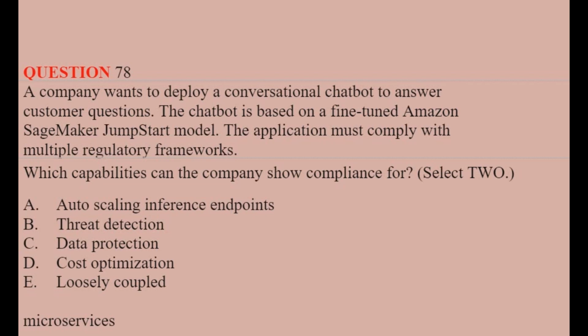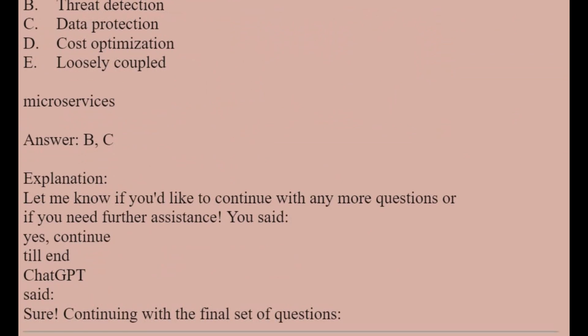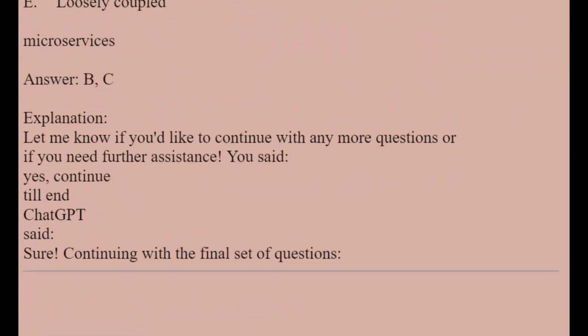Select two options. Option A, auto-scaling inference endpoints. Option B, threat detection. Option C, data protection. Option D, cost optimization. Option E, loosely coupled microservices. Correct answer is option B and option C.